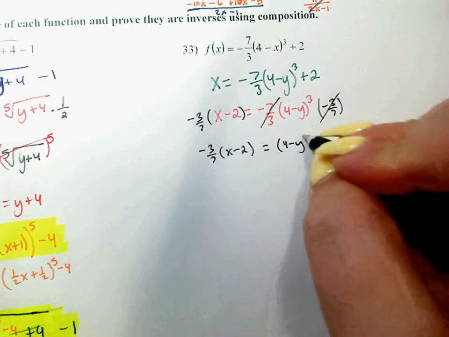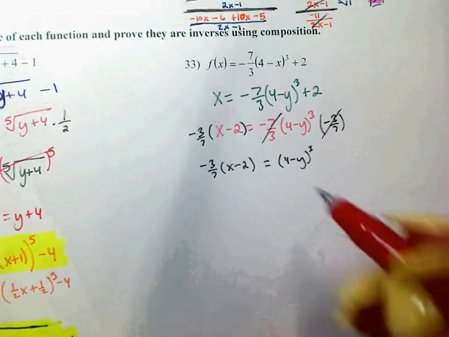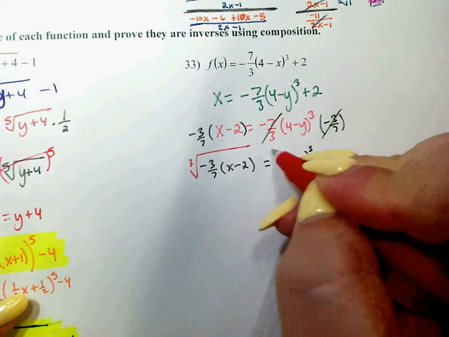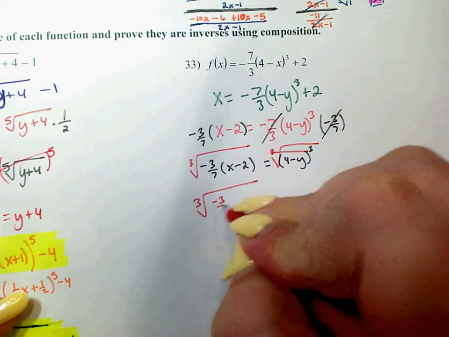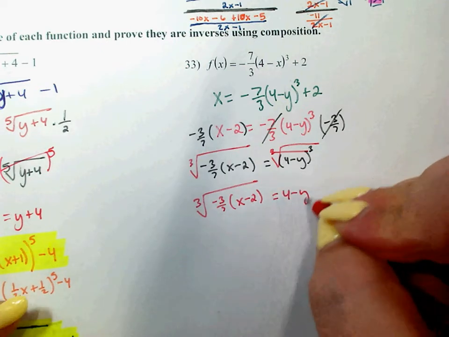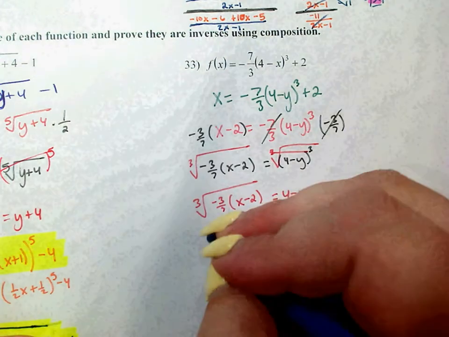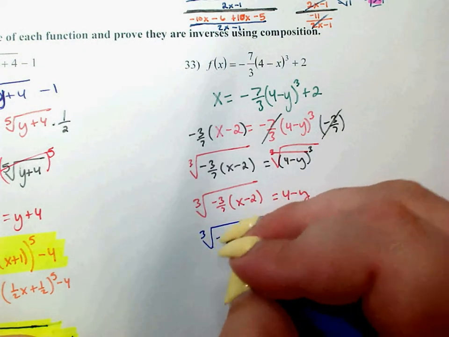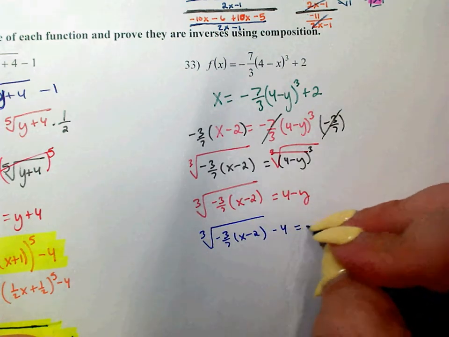We're going to take the cube root. So the cube root of negative 3 sevenths times the quantity x minus 2 equals 4 minus y. We're going to subtract the 4. Cube root of negative 3 sevenths times x minus 2, minus 4, equals negative y, and then we're going to divide by a negative.